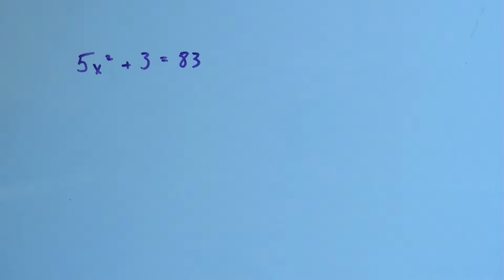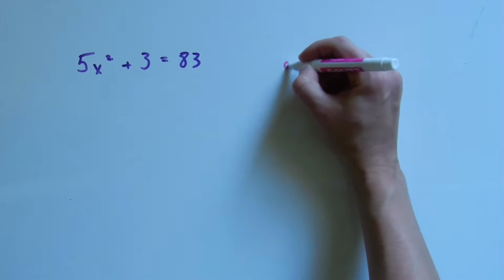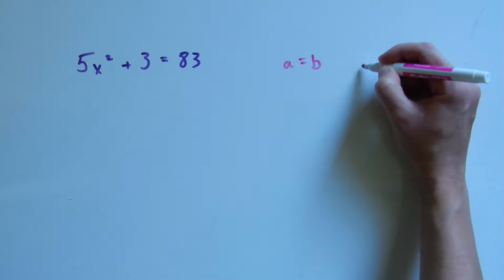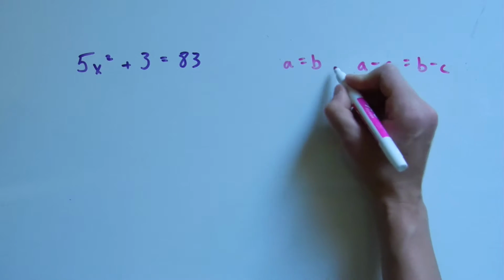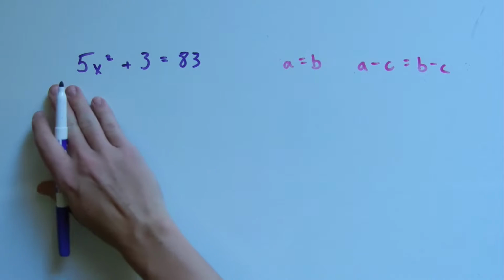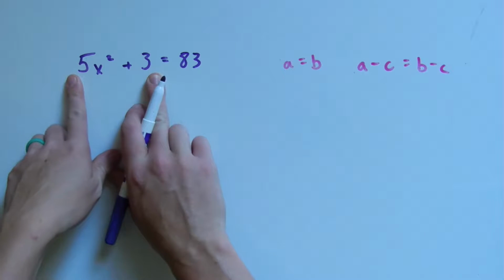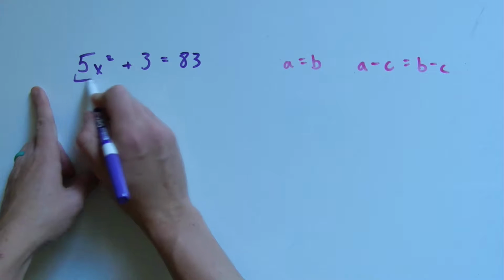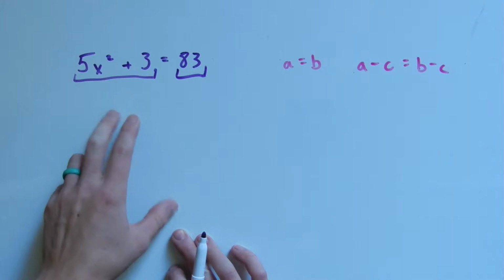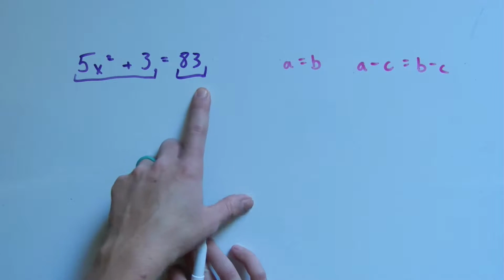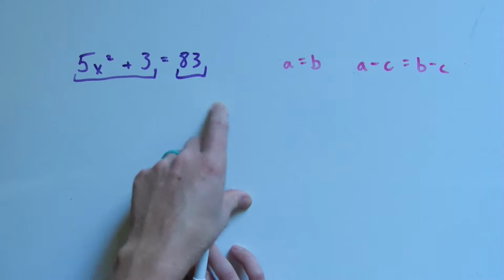Now the first property we're going to utilize is the addition and subtraction properties of equality, specifically the subtraction property of equality. Remember, the subtraction property said that if A equals B, A minus C is equal to B minus C. So if this first side of our equation is A, and the second side is B, we can subtract some value C from the left, and we also have to subtract that value C from the right.